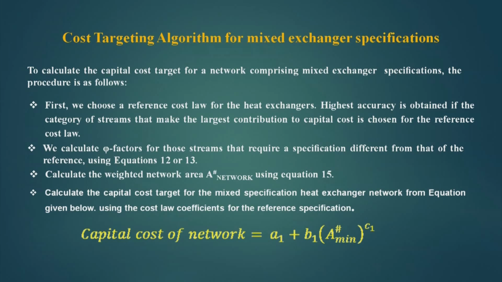Now, by doing so, we are in a position to consider the mixed heat exchanger specification in the heat exchanger network, and obviously its cost will be more than the cost of the network which is based on A minimum, that is area targeting.